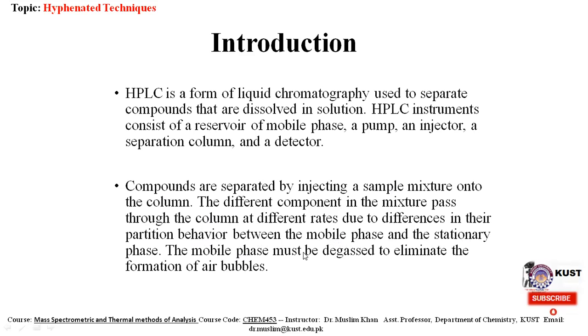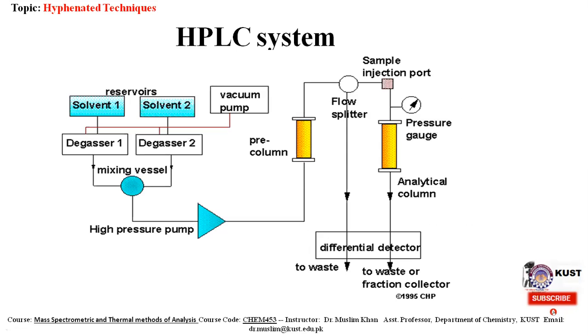The mobile phase must be degassed before going into the column to eliminate the formation of air bubbles, because an air bubble can damage the packing material, so it can affect the efficiency of the column.